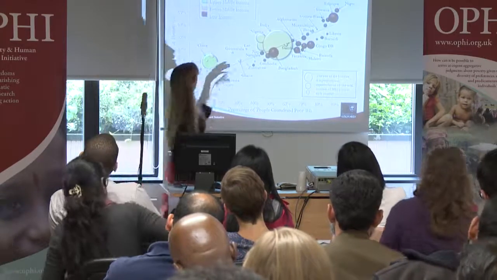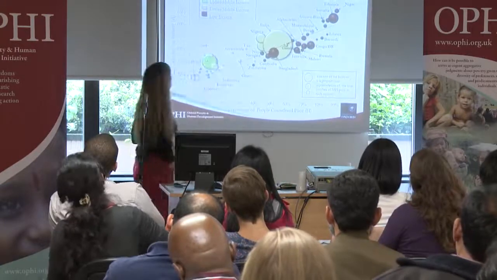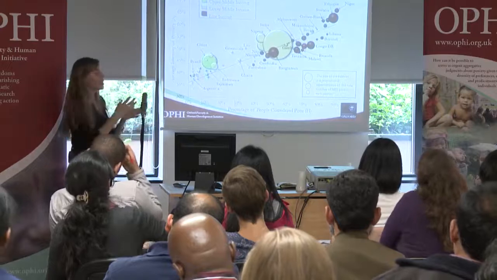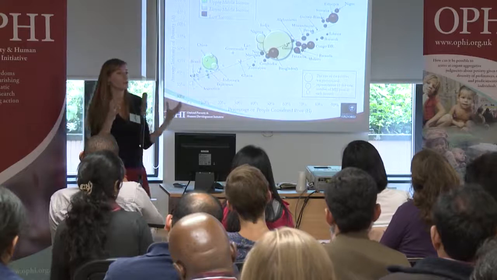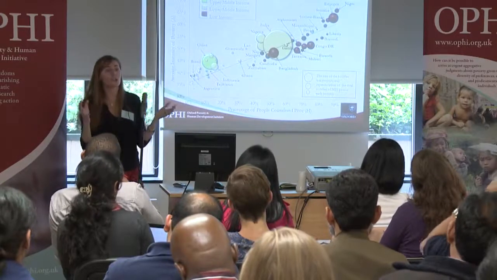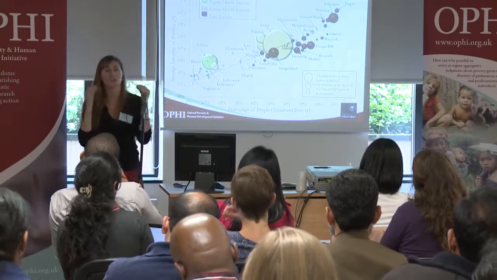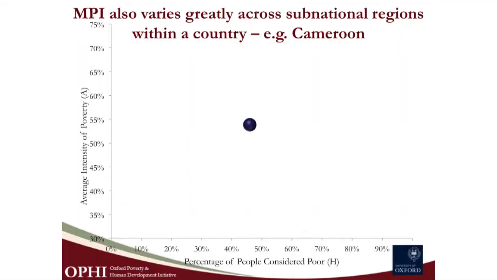We also have countries here that are lower middle-income countries, but are up there in the region of low-income countries. So again, this is just another way of showing that these are complementary measures and that they are not saying exactly the same thing, that we find a lot of diversity.